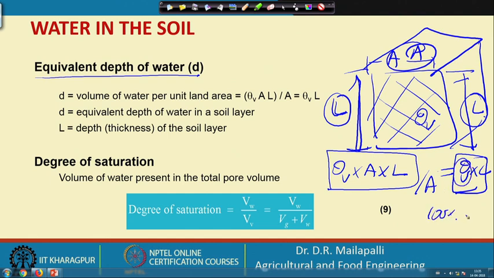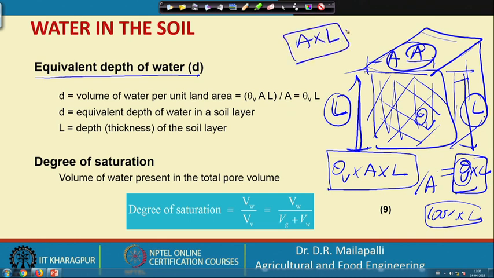Theta v is 100% into L. 100% means this is a cube with no soil in it. Then the amount of water is the volume of water occupied by the cube, which is simply the area multiplied by length L, since theta v is 1.